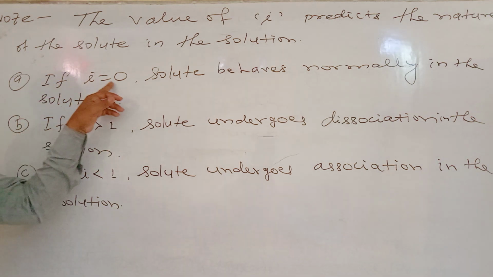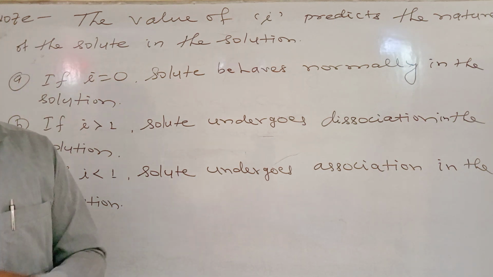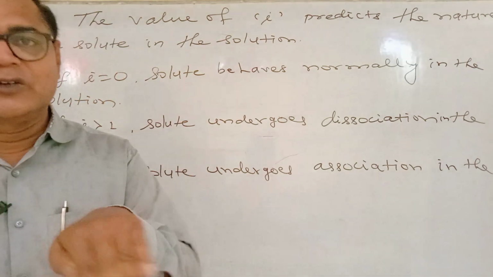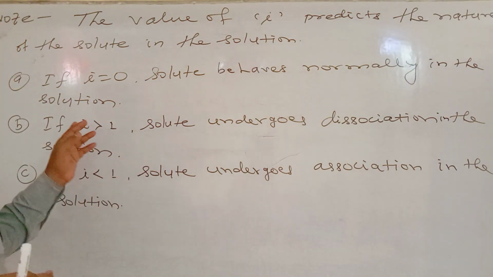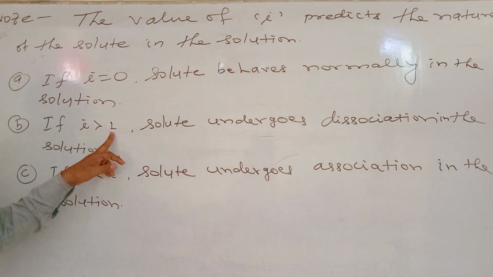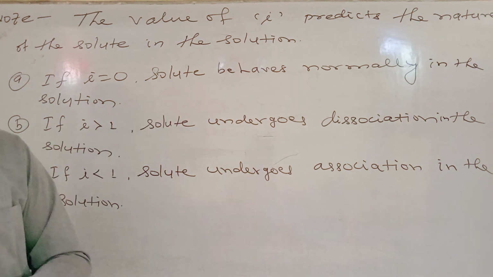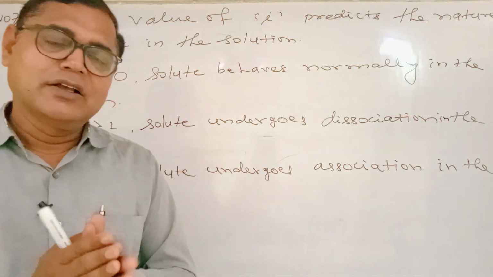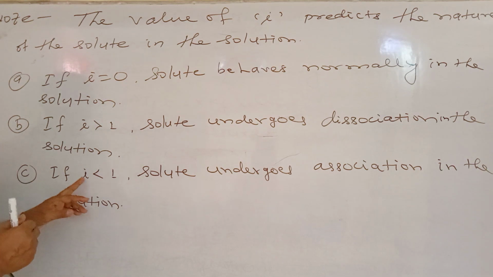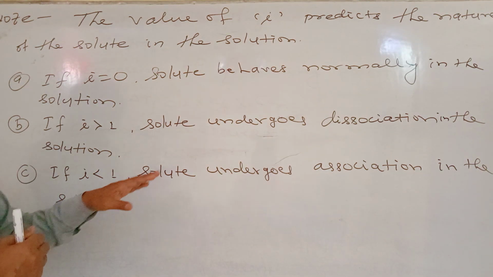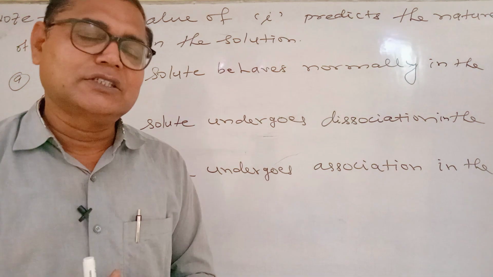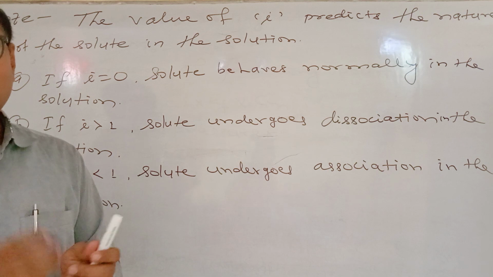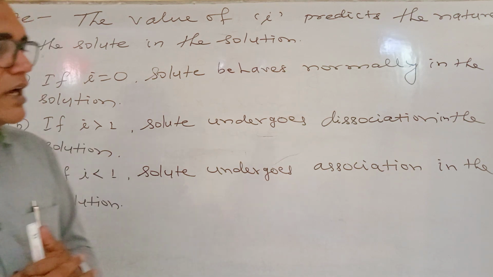If i is equal to 1, solute does not dissociate or associate in the solution. If i is greater than 1, solute undergoes dissociation in the solution. If i is less than 1, solute undergoes association in the solution, अर्थात सोल्यूट जो है सॉल्यूशन में एसोसिएट होकर के बिग मॉलिक्यूल का फॉर्मेशन करेगा.